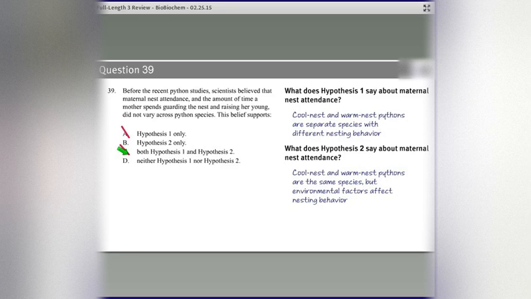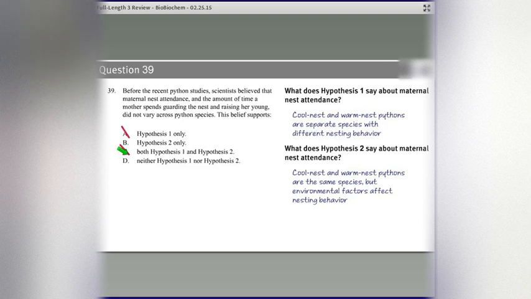It won't necessarily go with that particular belief, because the problem is vary across python species. Okay, so if we're taking a look at that, does not vary across python species, the author for hypothesis 2 is saying let's combine them. Let's put them in the same category.